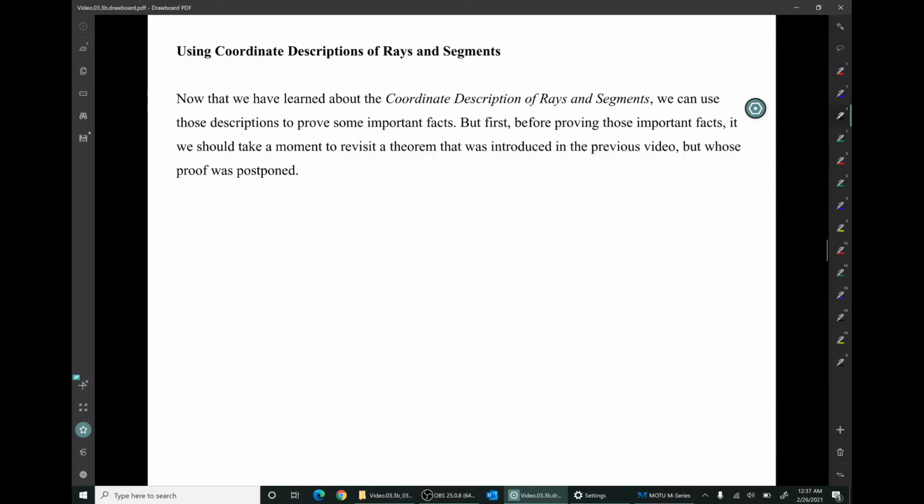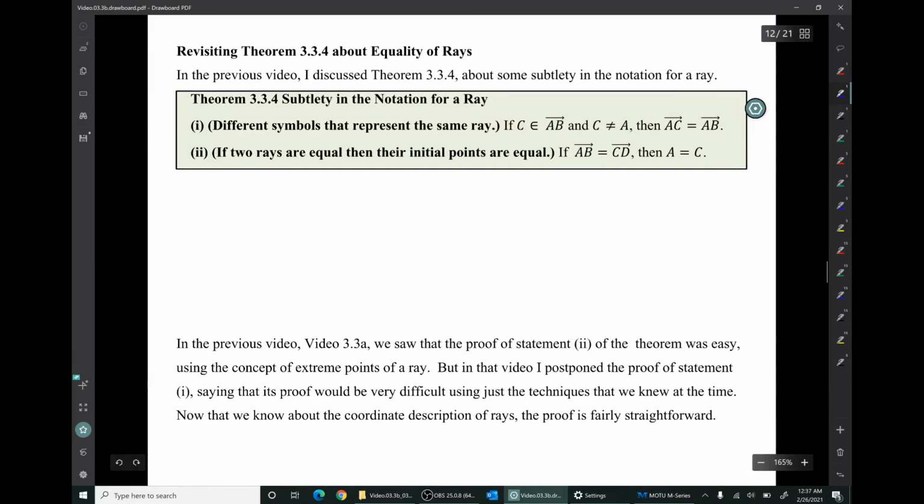Now that we've learned about the coordinate description of rays and segments, we can use those descriptions to prove some important facts. But first, we should take a moment to revisit a theorem that was introduced in the previous video, but whose proof was postponed. We had this theorem 3.3.4 about the equality of rays.